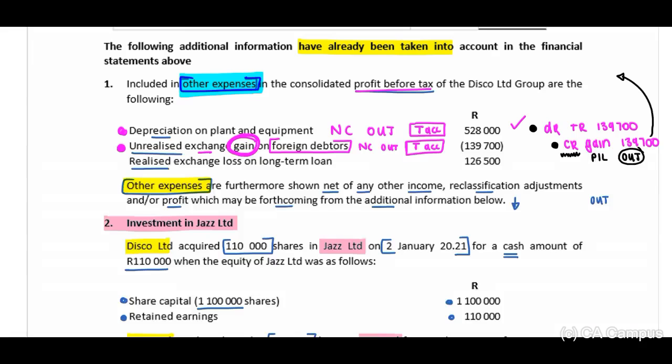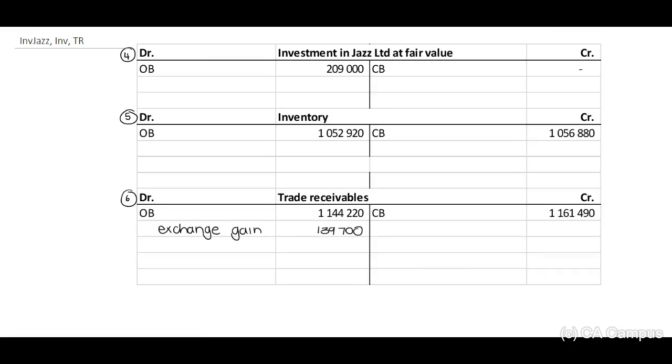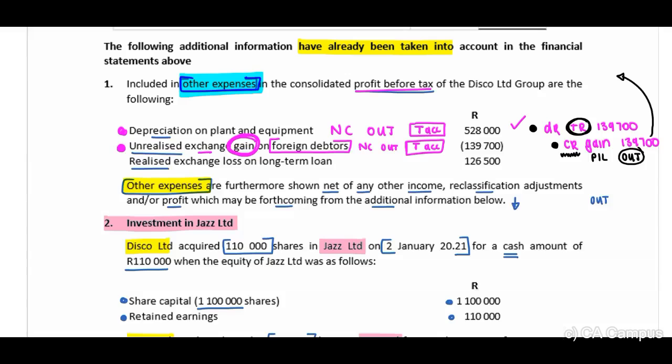And if we need to include this in our recon, in terms of our trade receivables, this should be included on the debit side. Look at the debit side of my trade receivables. Calculation number 6. Exchange gain, 139,700. Okay. And let's take off this amount.